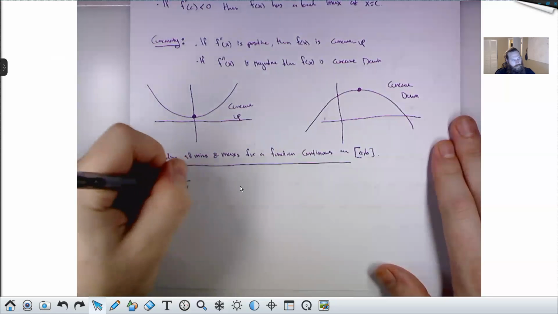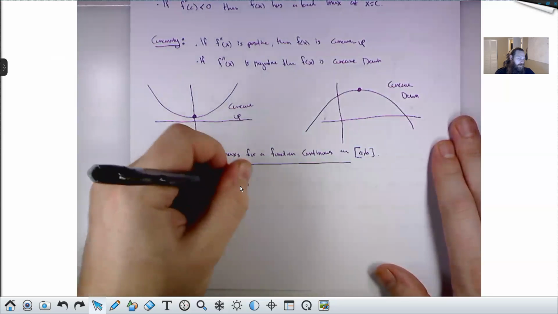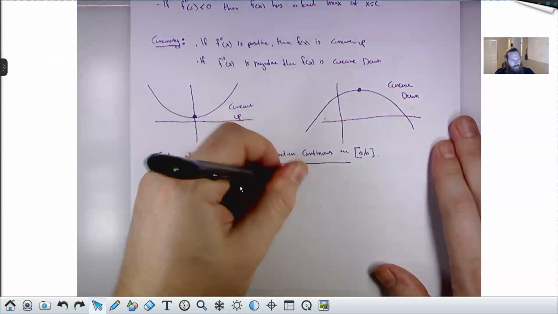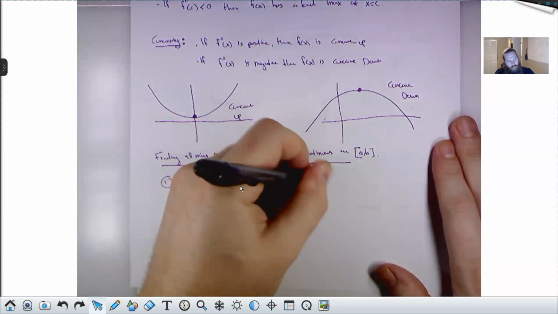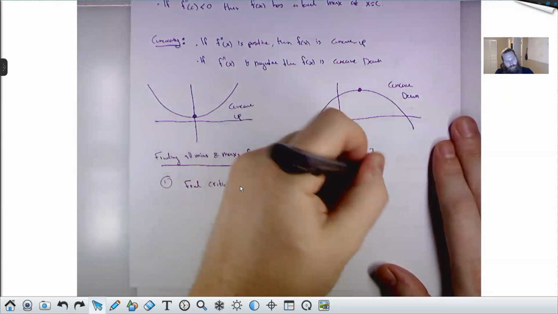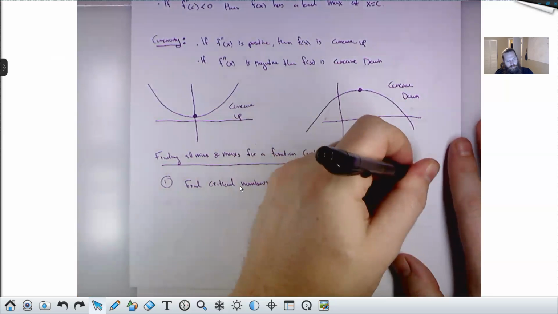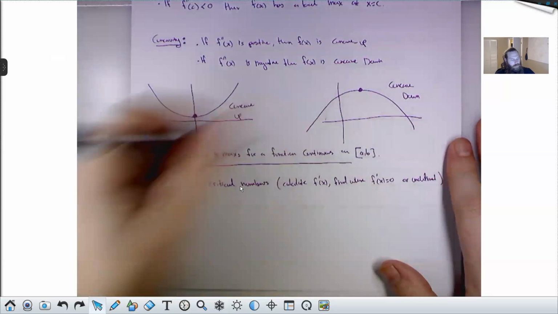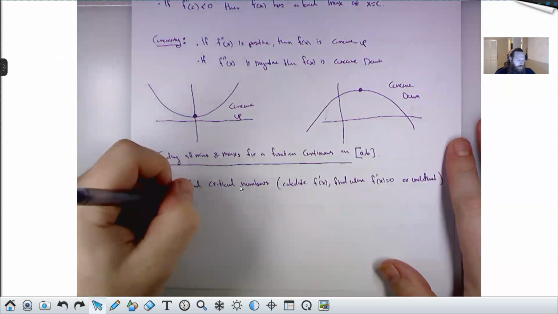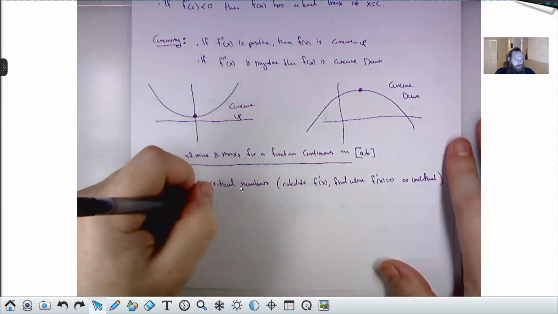One, find all the critical numbers. That means calculate f prime of x, find where f prime of x is 0 or undefined. Two, you use the first derivative test.